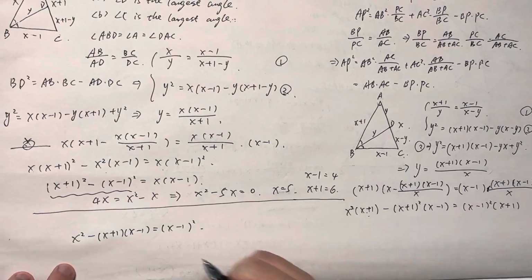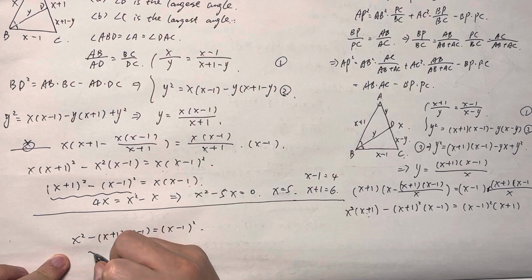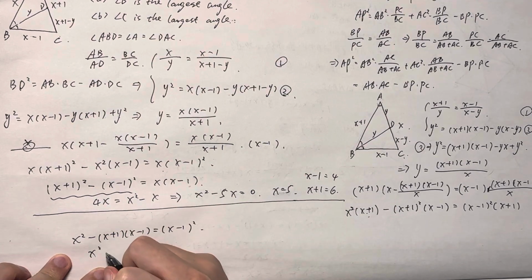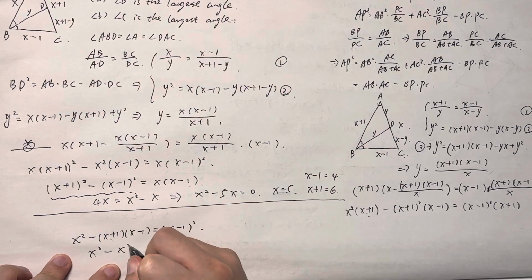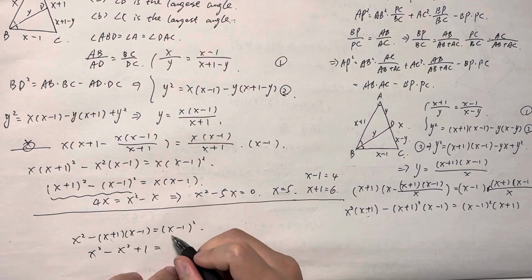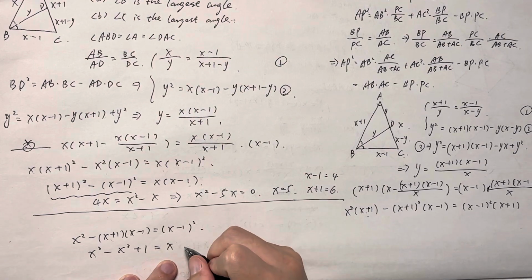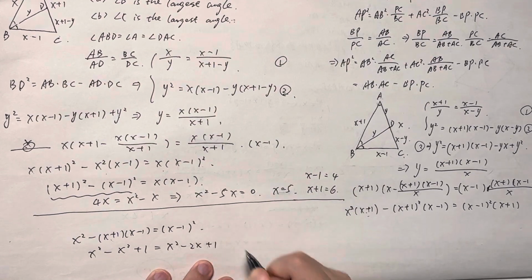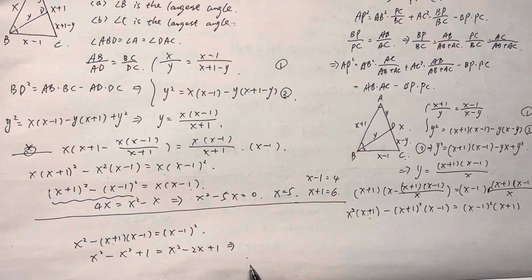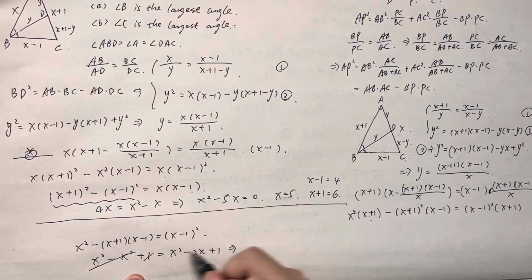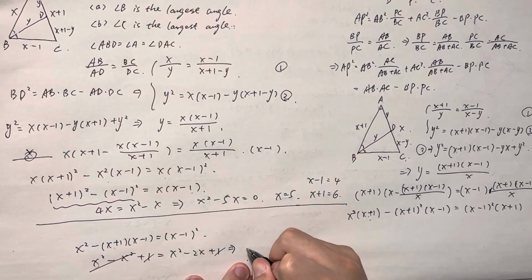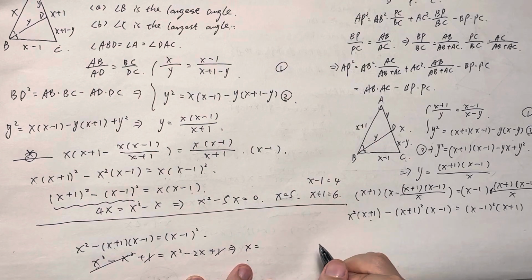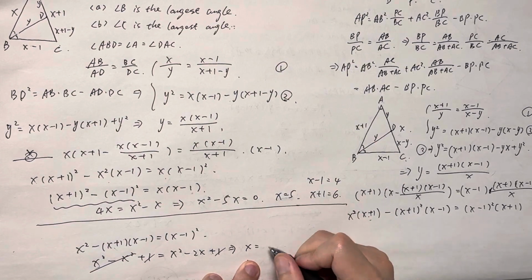Right, so we expand this one, x squared minus this one is x squared plus 1 equals 2. Here we got x squared minus 2x plus 1, which means x equals 2.